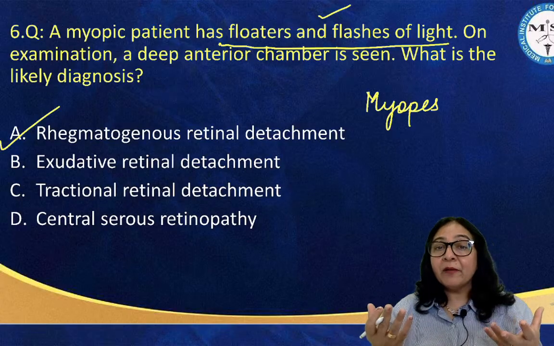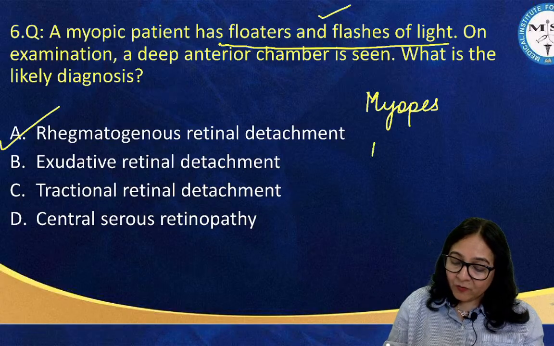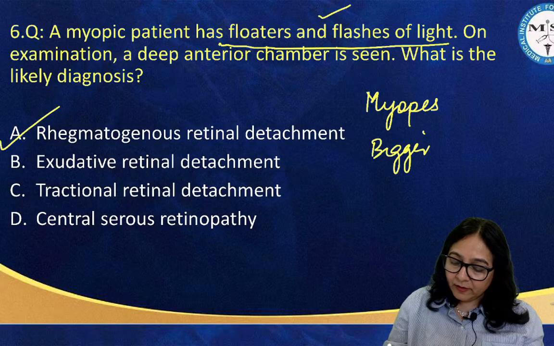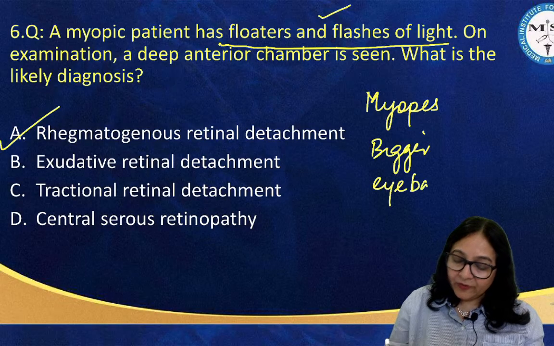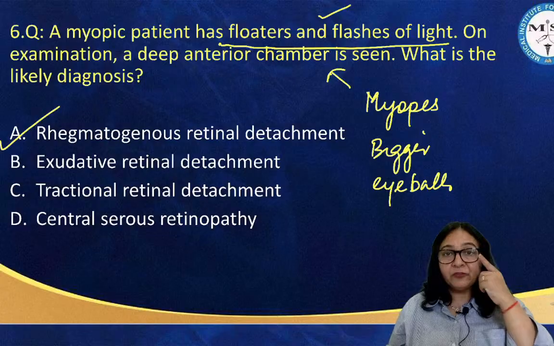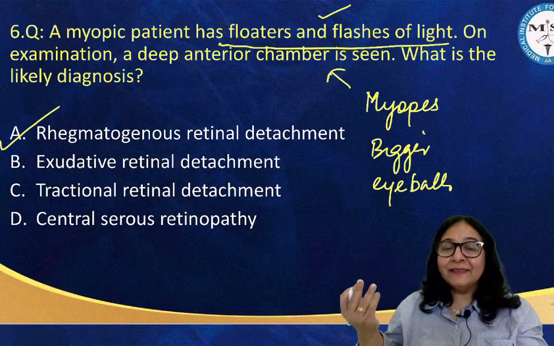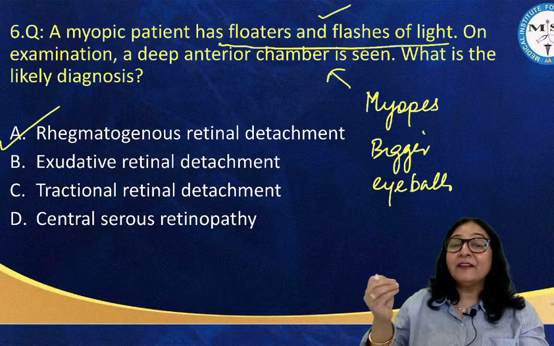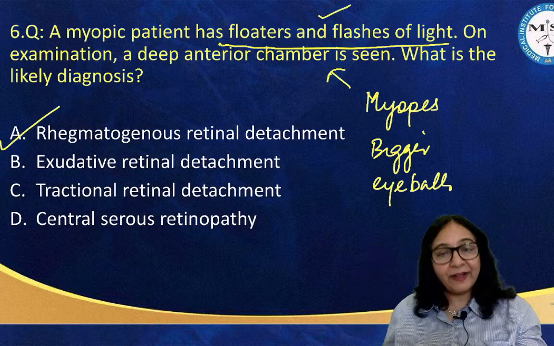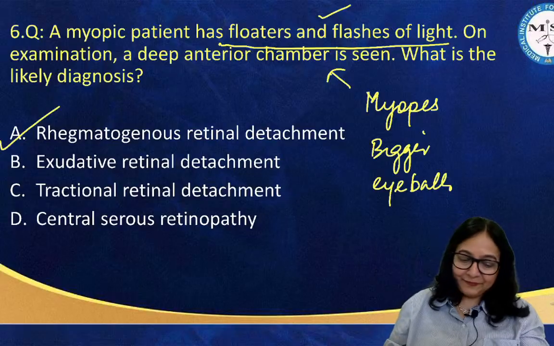So myopes have bigger eyeballs, and maybe they wanted you to know that bigger eyeballs will have a deeper anterior chamber. That was another clue, because myopia is the most common risk factor for development of rhegmatogenous retinal detachment. Agree? ठीक है बेटा.